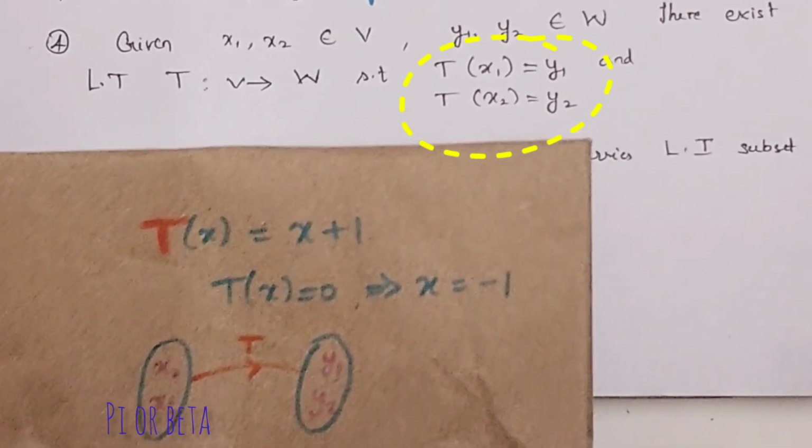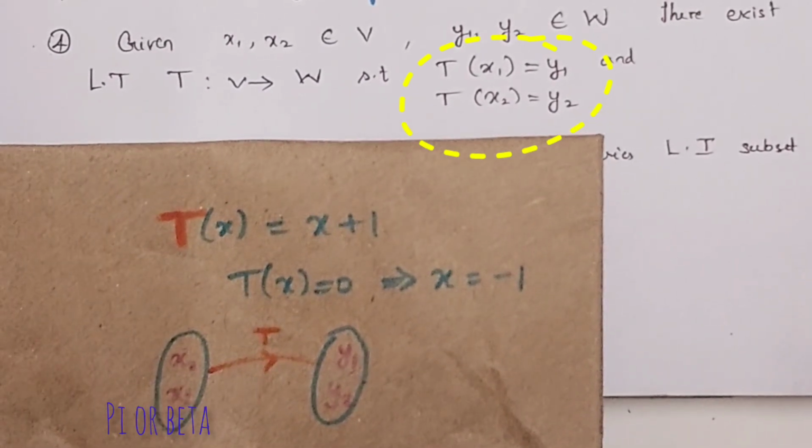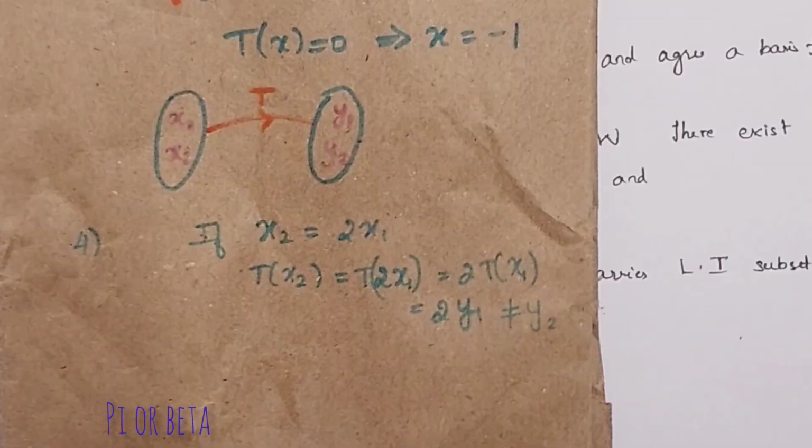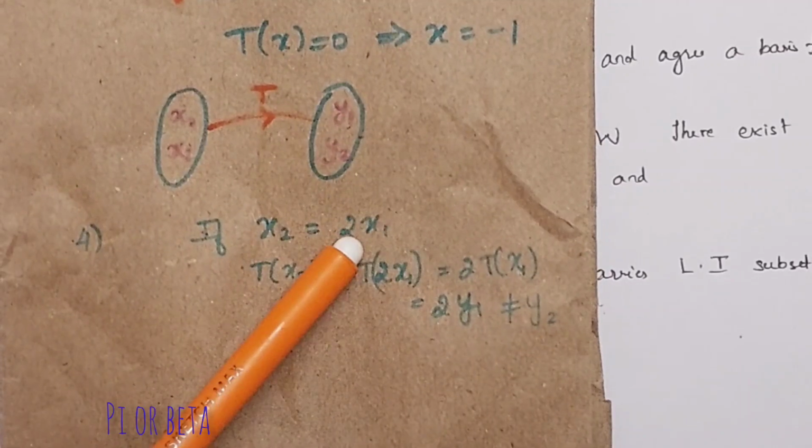We might think we can construct it in such a way that these two conditions are satisfied, but the answer to this question is false. Take h2 equal to 2 times h1.